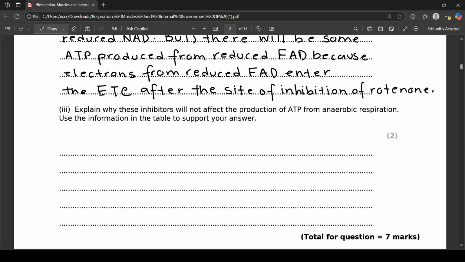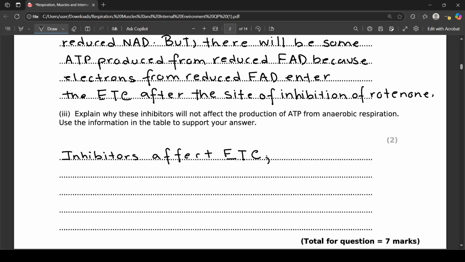So first of all, we will write that the inhibitors affect the electron transport chain, which is not used in anaerobic respiration.